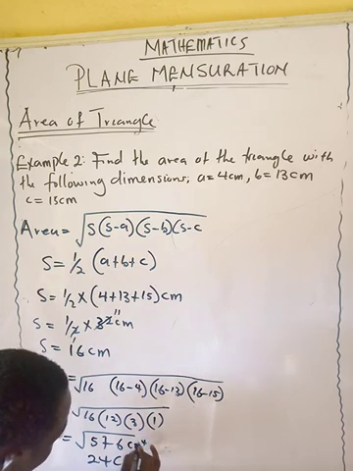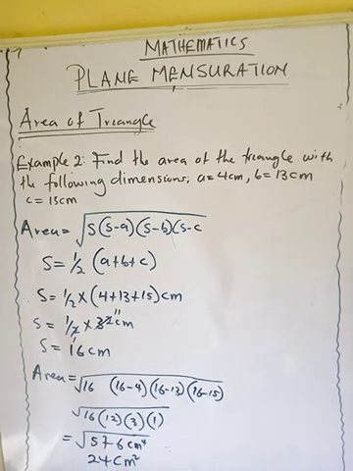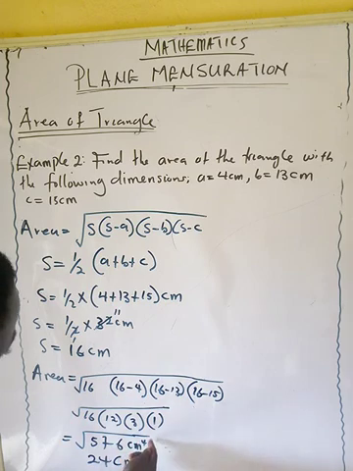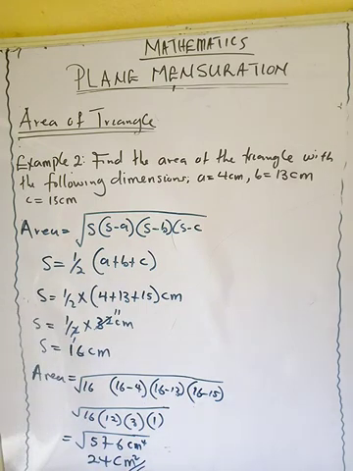So when you find the square root, this square root we cancel, 4 we have 2. This is the 2. Square root of 576 will give us 24. That is using Hero's formula to solve for area of triangle.